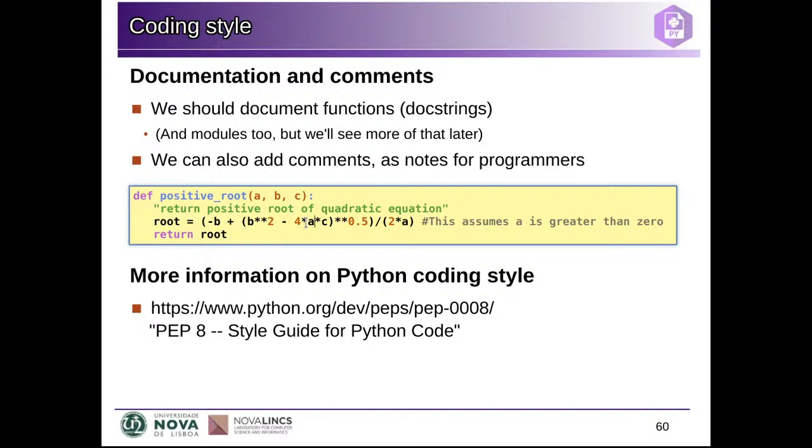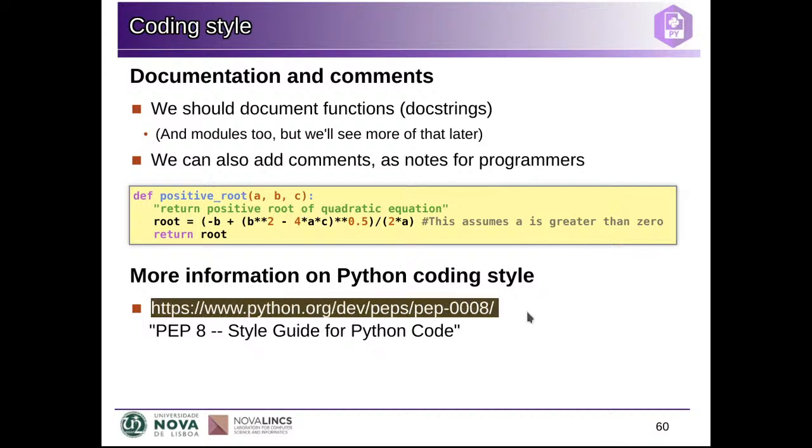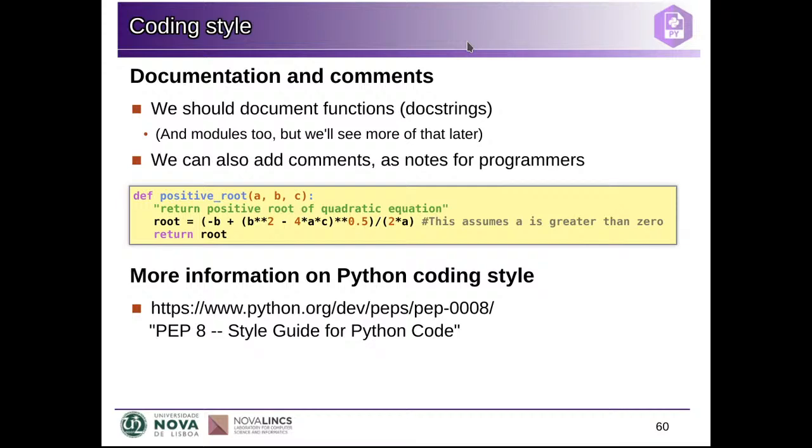If not, then things could go wrong. So we can put in this warning about what we are assuming about the values that we receive. If you want, you can read the coding style for Python, which has lots of these kinds of indications.